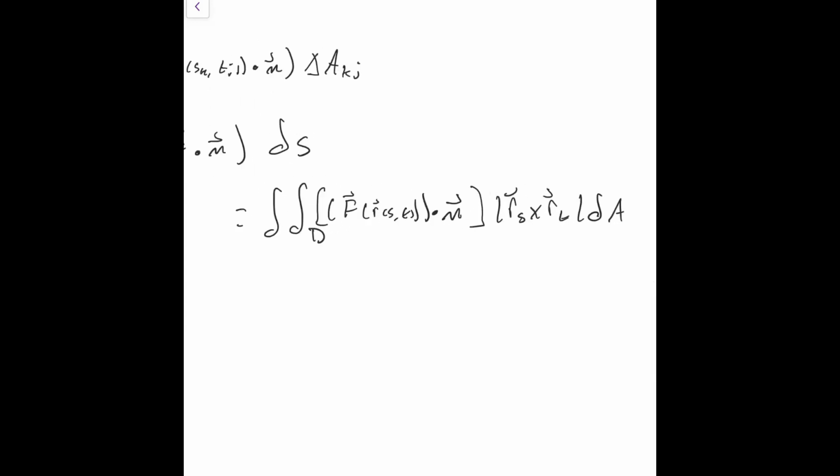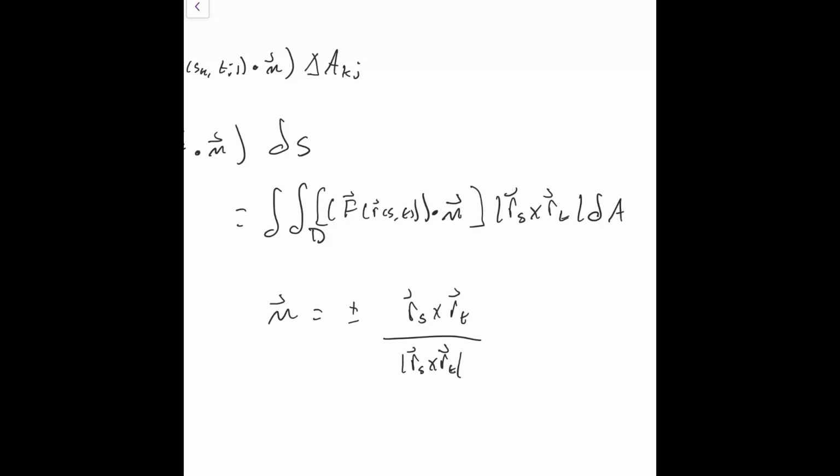Now let's think about what the relationship is between n and rs cross rt. Well, rs cross rt is perpendicular to rs and rt. That is, it is perpendicular to the surface. Well, n is also perpendicular to the surface. So what this means is that n is equal to plus or minus rs cross rt divided by the magnitude of rs cross rt, because n is the outward unit normal vector.